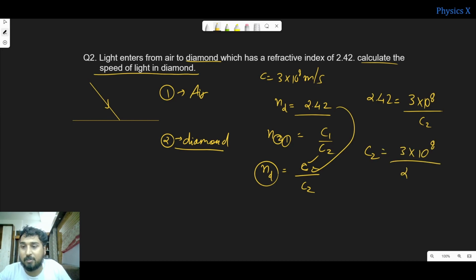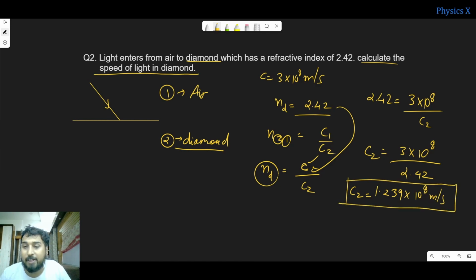We will calculate this, right? 3 upon 2.42, let me calculate it quickly. It is around 1.239 into 10 to the power 8 meter per second. So this is the speed of light in diamond.